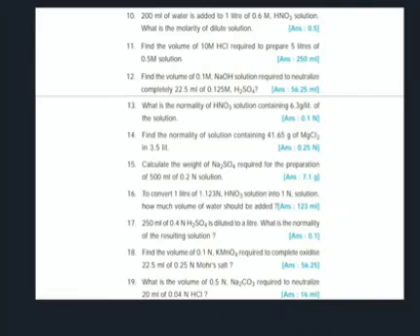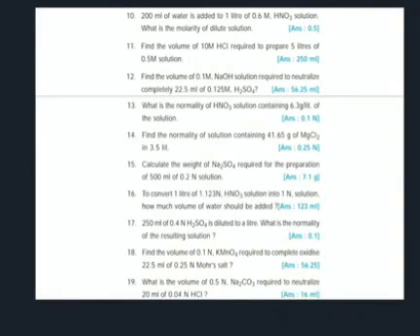10th problem, 200 ml of water is added to 1 liter of 0.6 molar nitric acid solution. What is the molarity of the diluted solution? Problem number 11.